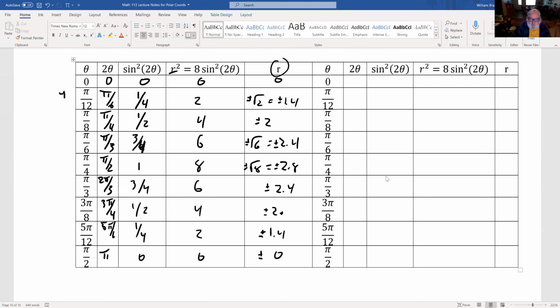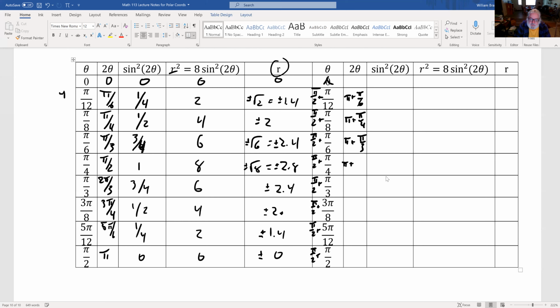So I want these to all be in the second quadrant, because if my angles are in the second quadrant, then twice the angle is going to be pi plus pi over 6. I don't need the 0 there. This will be pi plus pi over 4. This will be pi plus pi over 3.